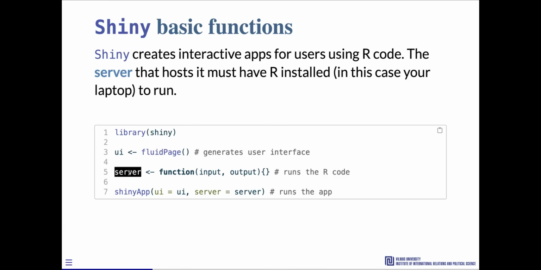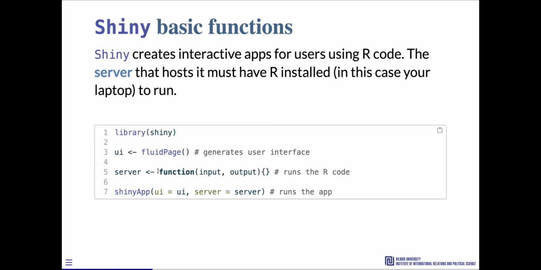And then we have another, which is the server object. And here, server, we are creating as a function of two things, inputs and outputs. As I mentioned before, we will collect information from the user, we will store it in objects called inputs, and we will use that to update or create objects called outputs.